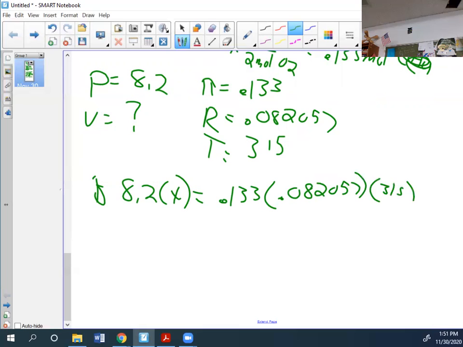So multiply the right, divide the left. What'd you get? 0.42. You only need 2, right? 0.42 liters CO2.